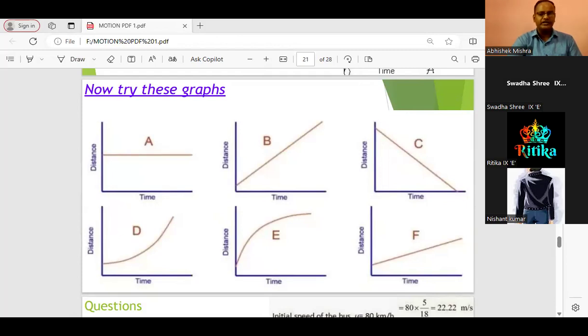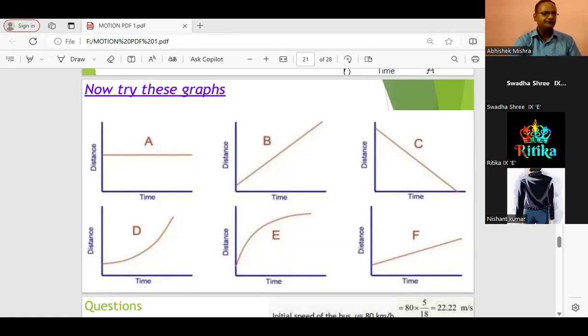If the trip took 8 hours, calculate the average speed of the car in kilometer per hour and meter per second.